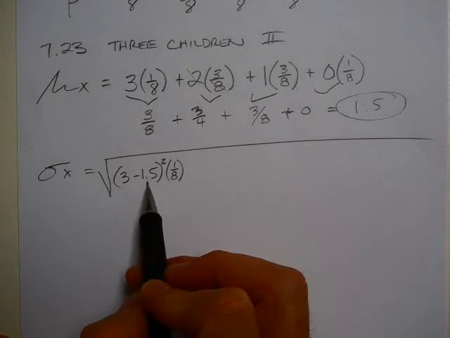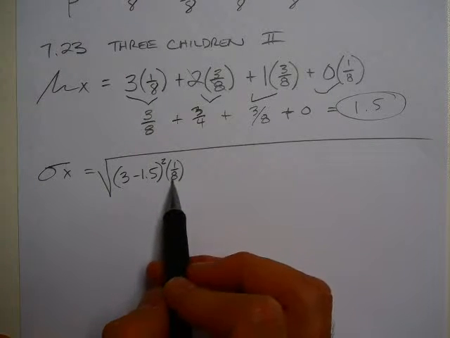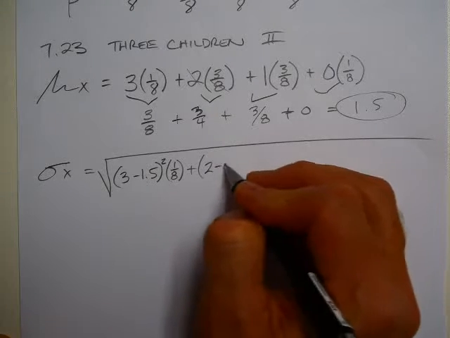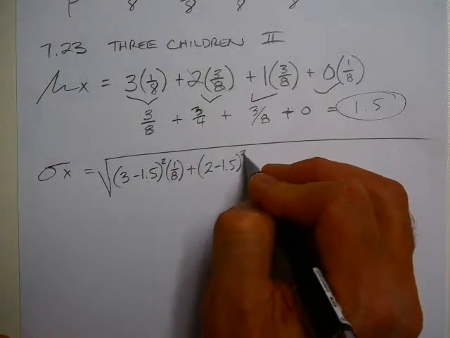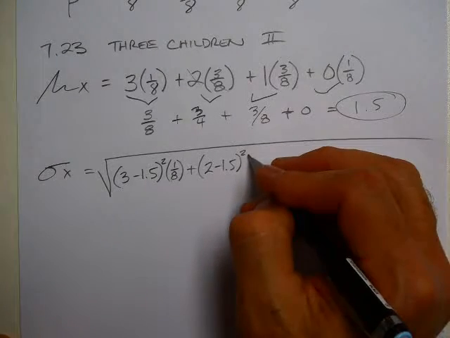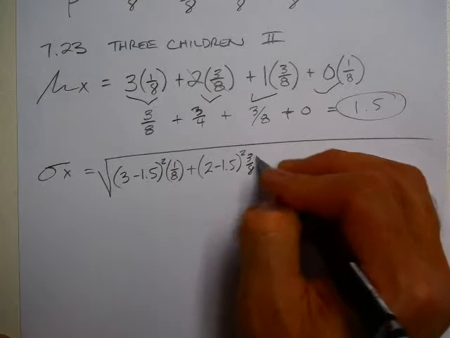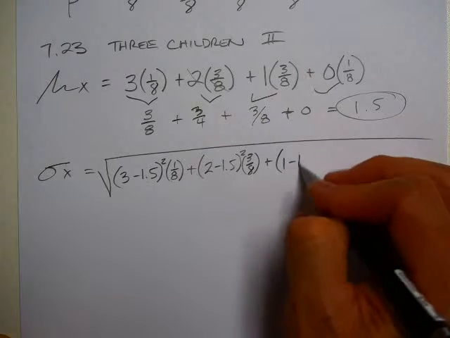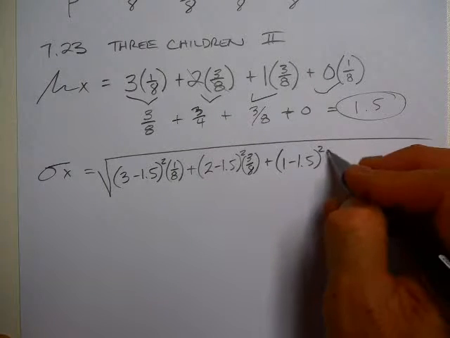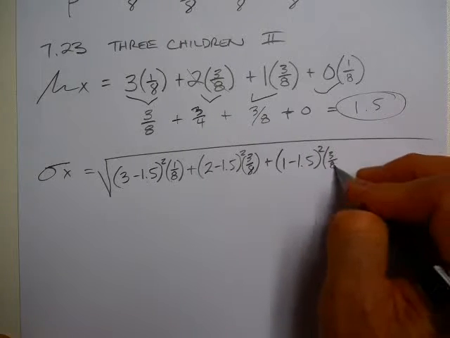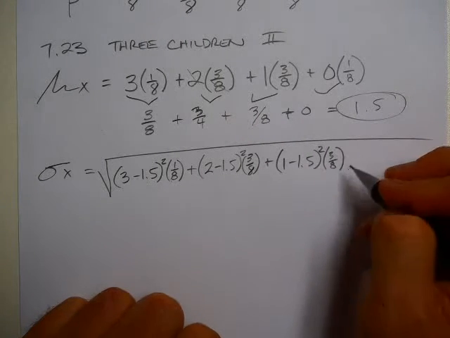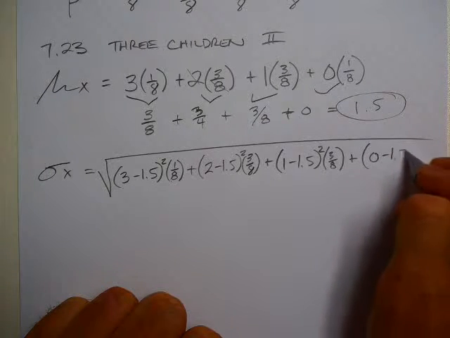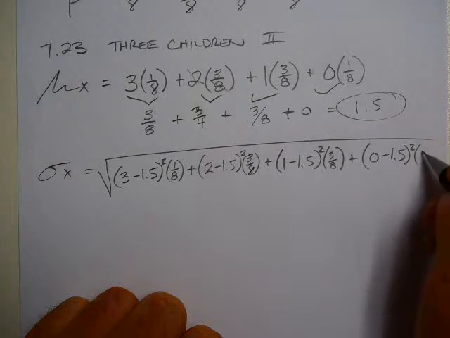So 3 girls minus the average number of girls we expect, squared, times the probability of getting 3 girls, plus 2 minus 1.5 squared times the probability of getting 2 girls, which is 3/8, plus 1 minus 1.5 squared times 3/8, the probability of getting 1 girl, plus 0 minus 1.5, quantity squared, times 1/8.